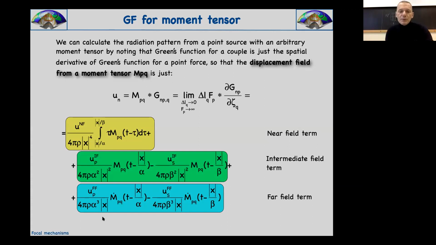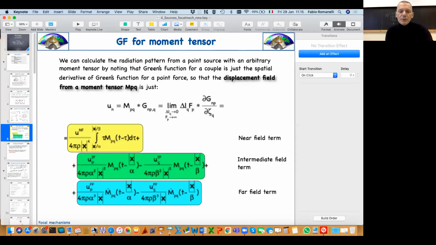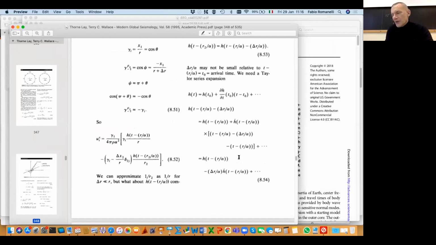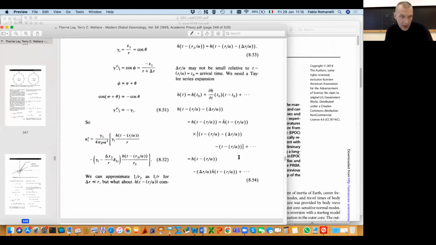Let me show you a piece of literature where you find this demonstration. But I told you, the answer could be given in 1 second, because it's related to that spatial derivative. If you want to be a little bit more accurate, this is the development when you consider not only a force, but a couple.